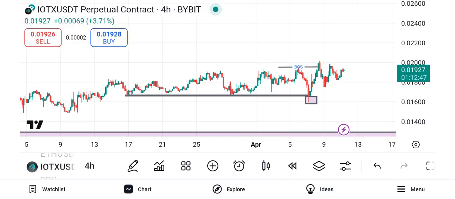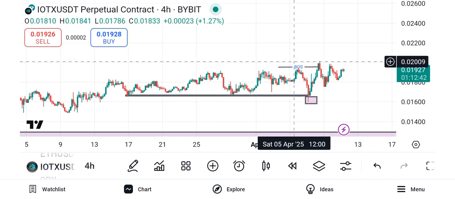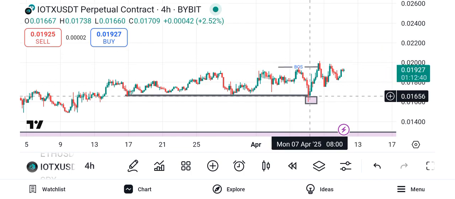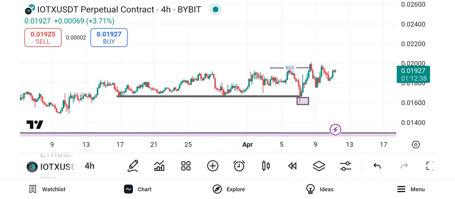You can see how it broke structure, taking out the high that led to this manipulation. This is a typical AMD setup, right?